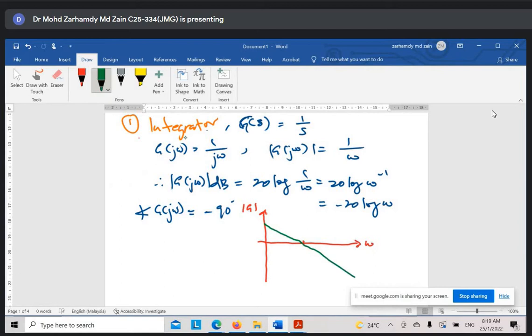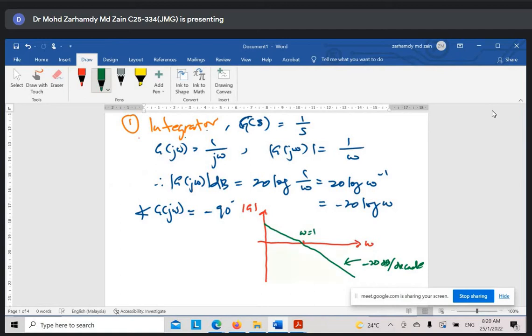So it will go through omega equal to 1, and the gradient is equal to negative 20 dB per decade, per cycle.